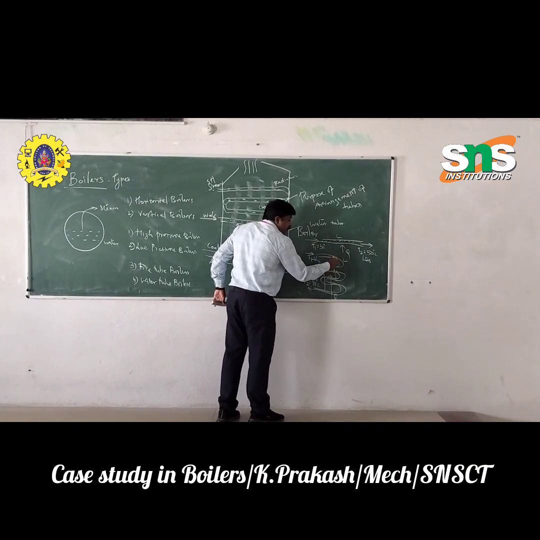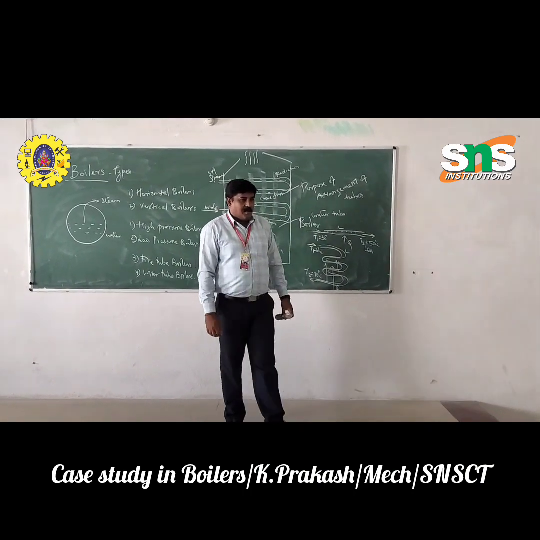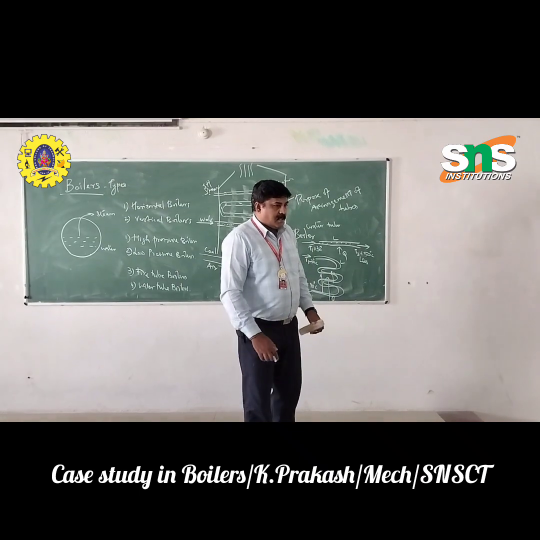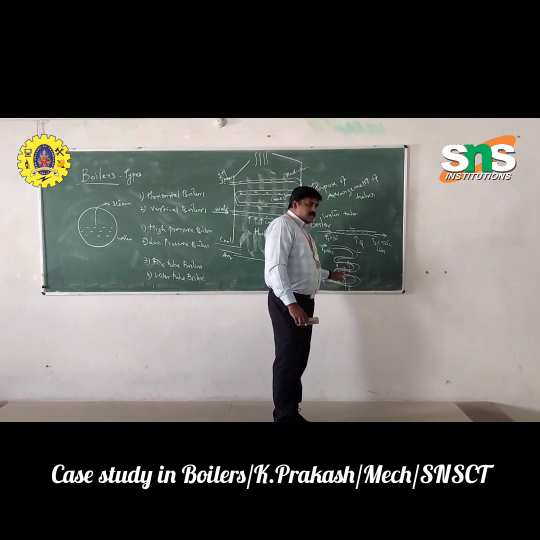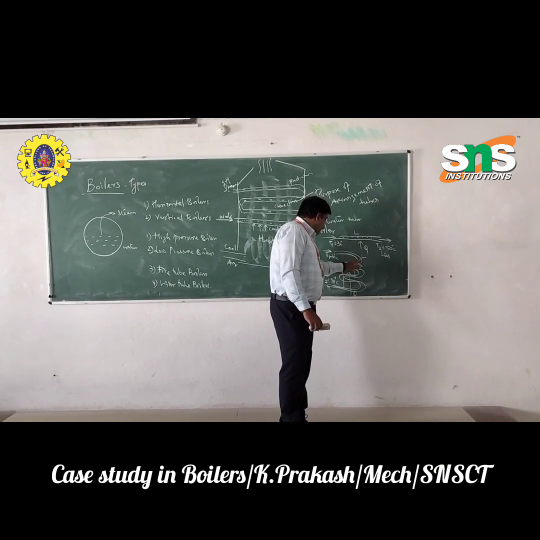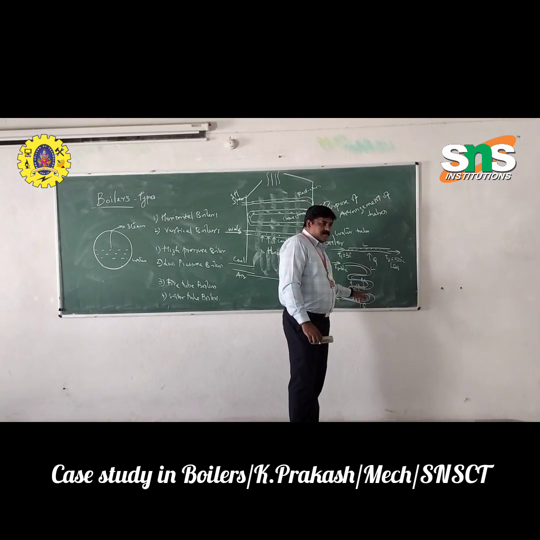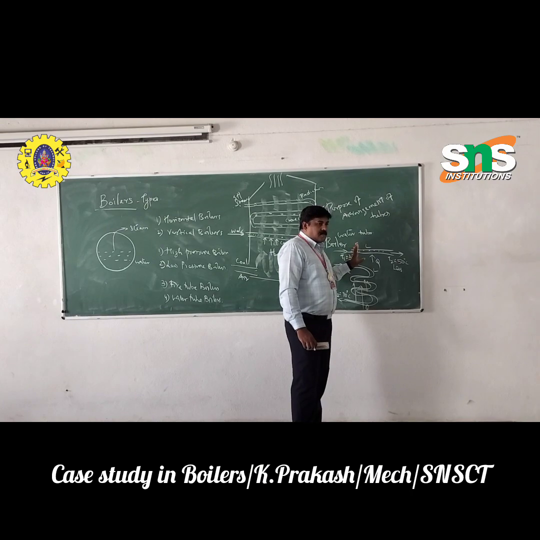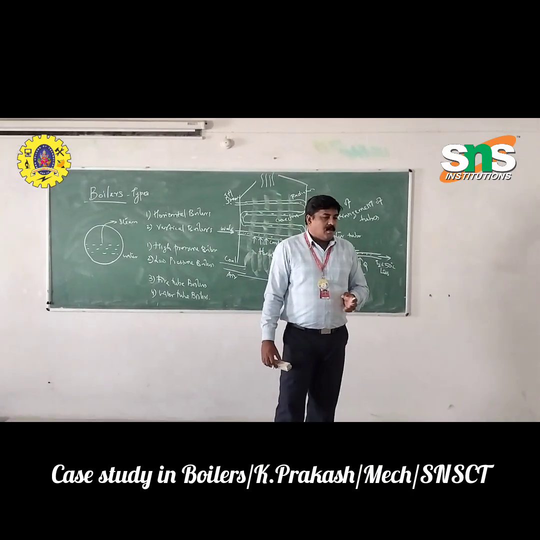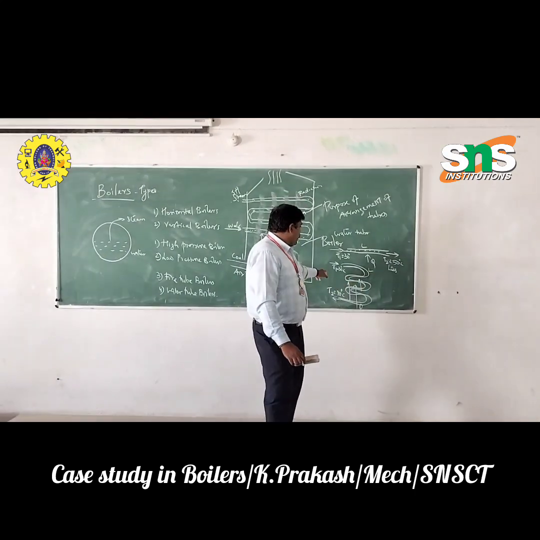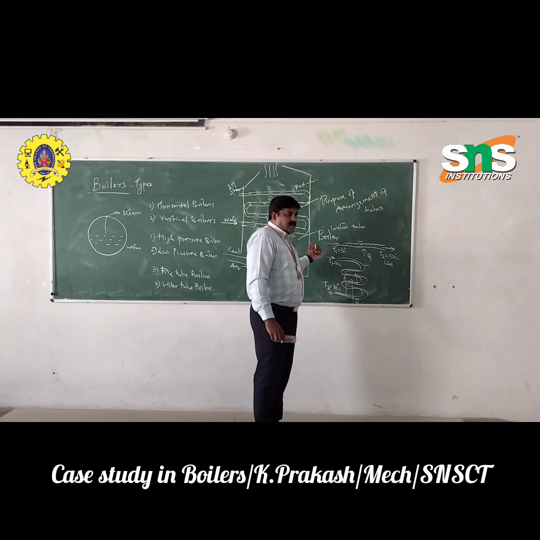If there is more time, the heat will increase. Heat transfer takes place continuously in all the forms, so quickly the water is converted into steam. So this is the purpose of having a spiral coil structure in the boilers.